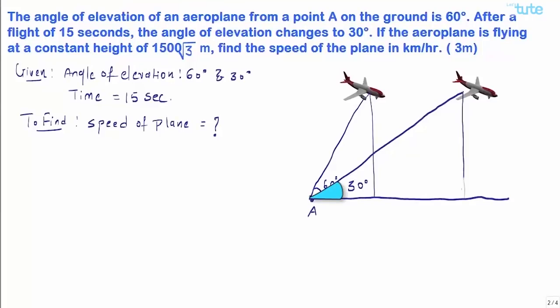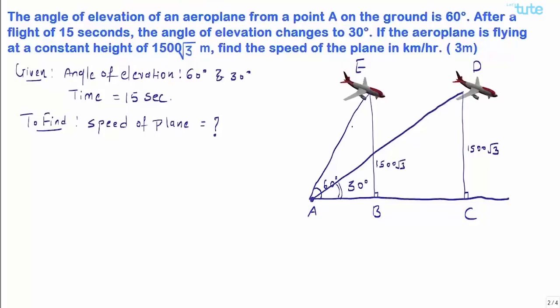Let me also denote the height of the aeroplane from the ground, which is given as 1500√3 meters. This height will also be 1500√3 meters because the plane is flying at constant height, so the height will be the same. So this is the complete diagram. We can also name this diagram as A, B, C, D and E.